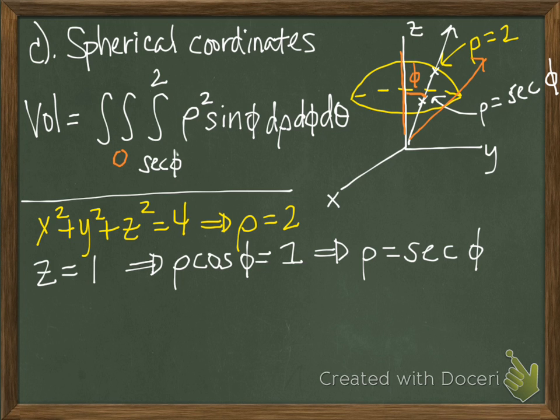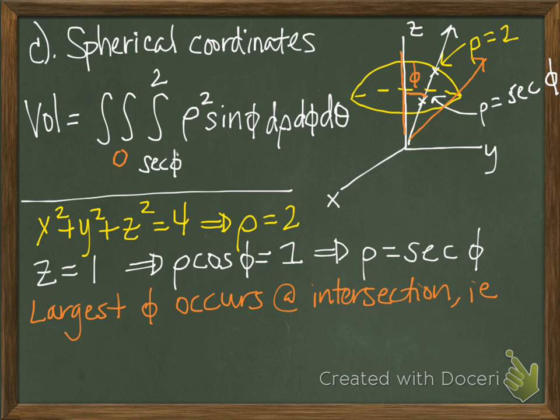So we need to figure out where that occurs. That occurs at the intersection of the two surfaces. I.e., I'm going to have rho has to be 2, and I have that rho has to equal secant phi. So that tells me that cosine of phi has to be 1/2, or that phi has to be pi over 3 at the intersection point. So that's going to be the largest phi over this region.